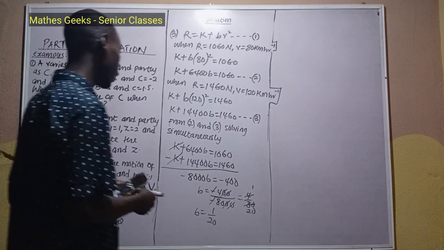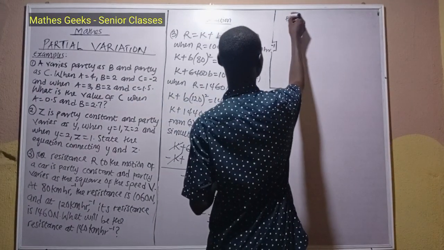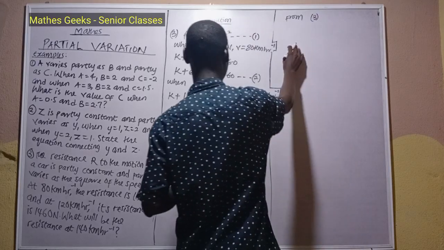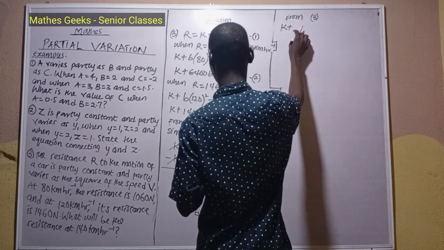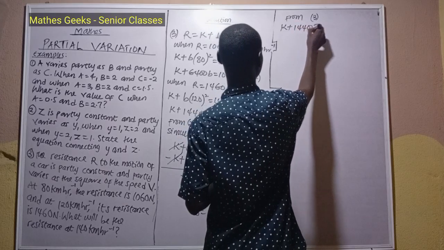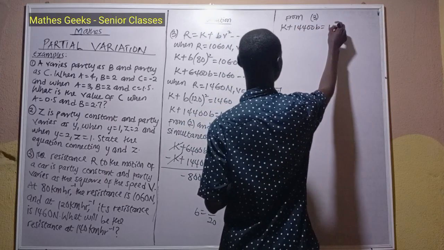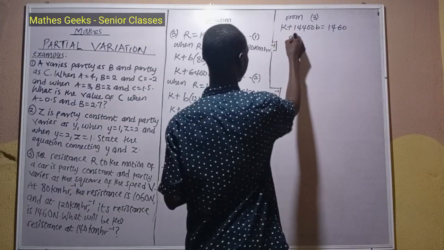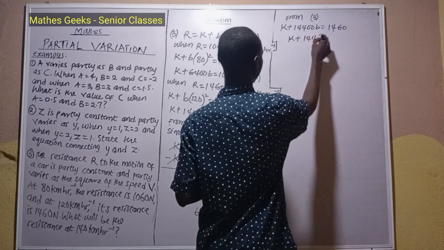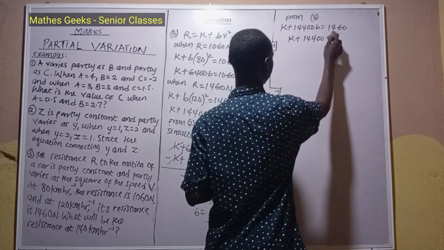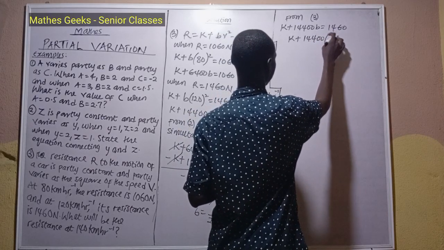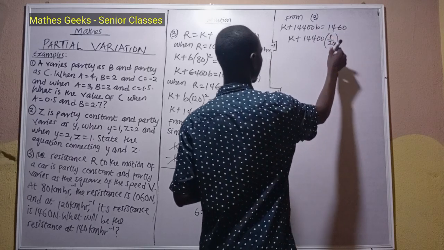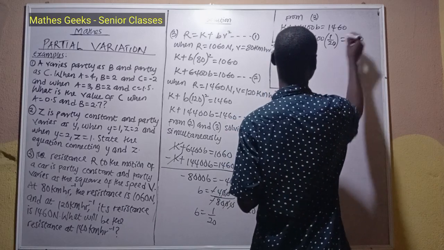So from equation 3, k plus 14400 b is equal to 1460, where b is equal to 1 over 20. So k plus 14400 times 1 over 20 equals 1460.